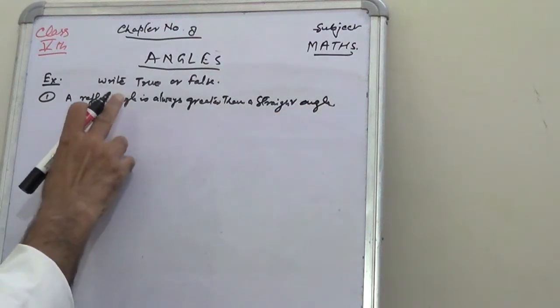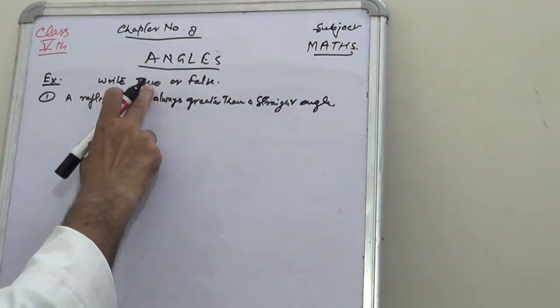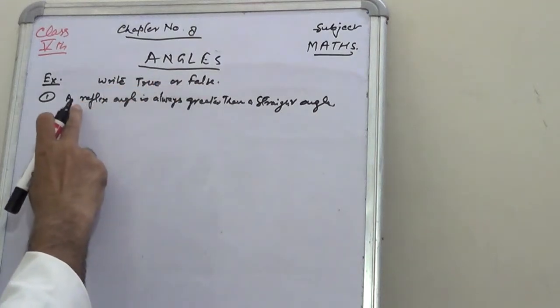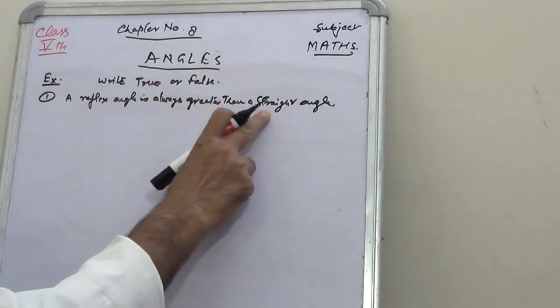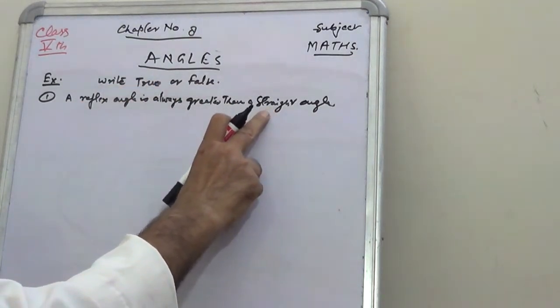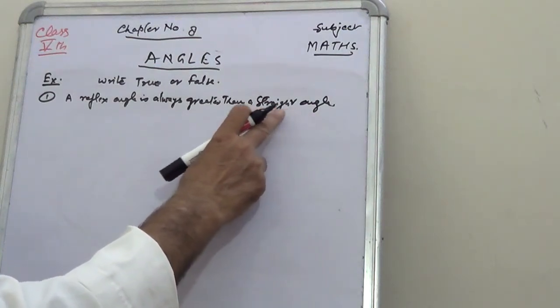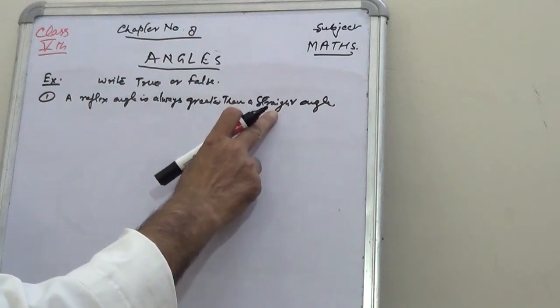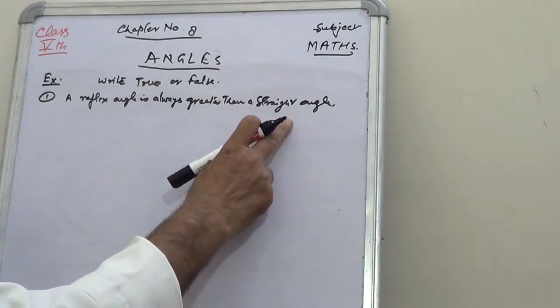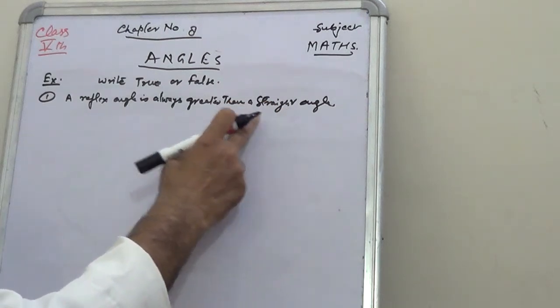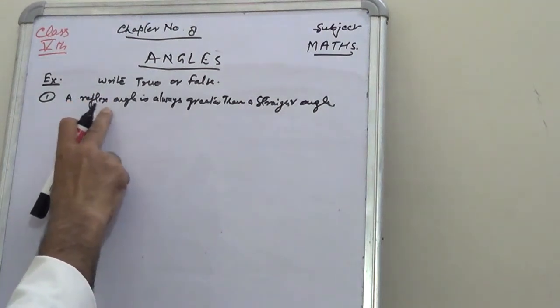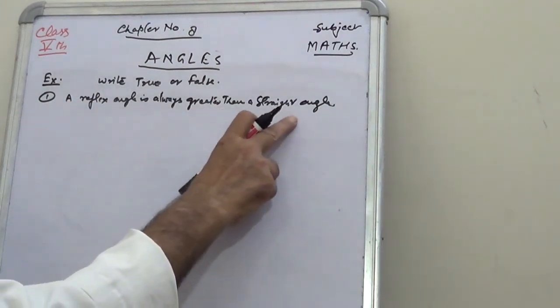What he is asking you? State whether this statement is true or false. A reflex angle is always greater than a straight angle. Children, 180 degree is called straight angle, and the angle which is more than 180 degree and less than 360 degree is called reflex angle. So reflex angle is always greater than a straight angle.